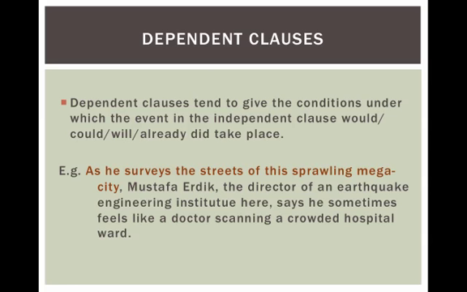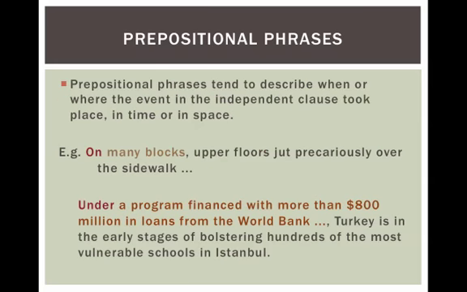The dependent clause starts with an "as." And as we said before, the subordinating conjunctions are really the only thing that makes a dependent clause dependent. Otherwise, they look exactly the same as an independent clause. They have a tensed verb and they have a subject. So hopefully by now you've got dependent clauses.